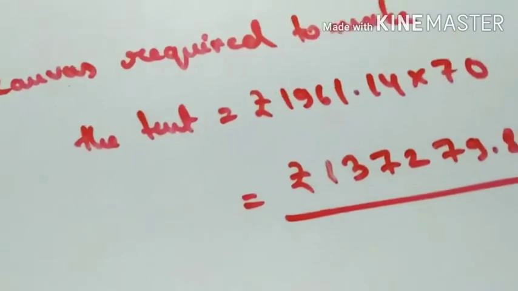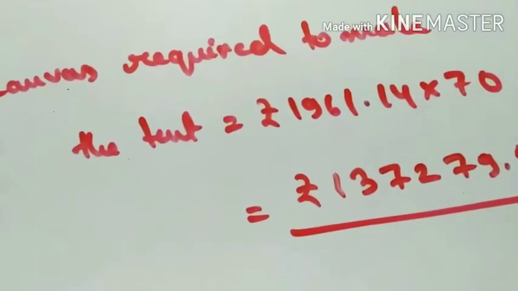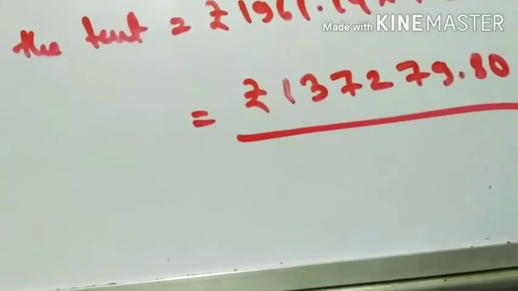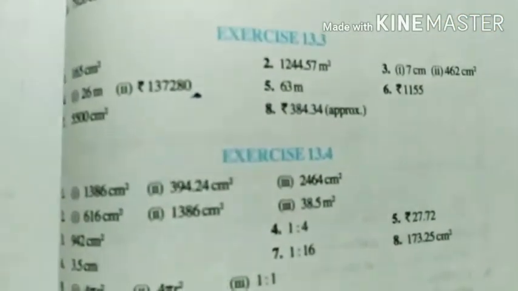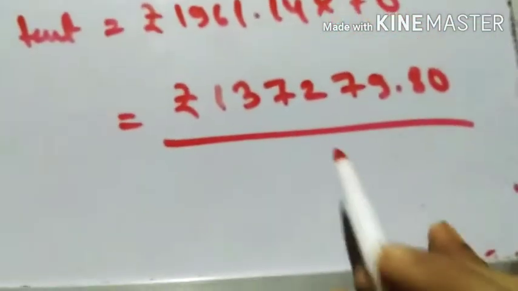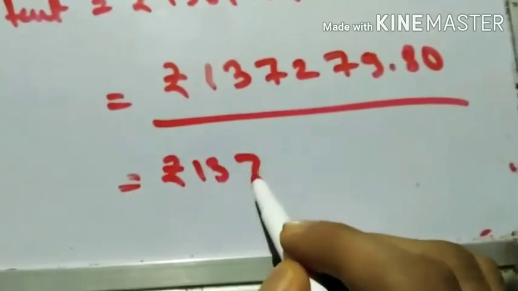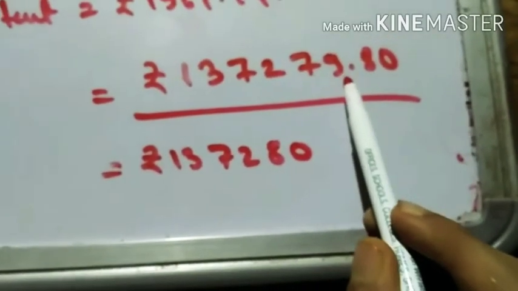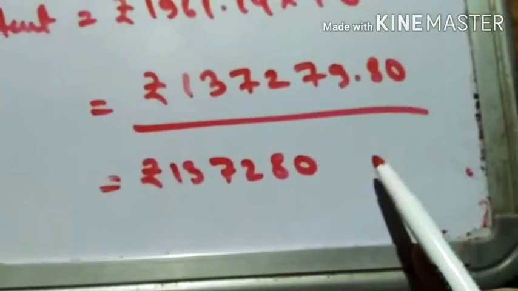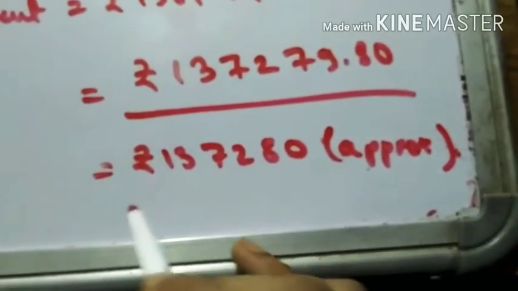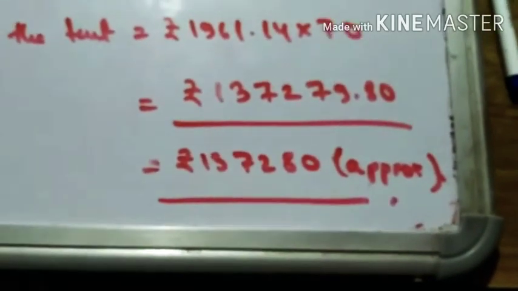Exercise 13.3. Okay, exercise 13.3, you see the answer is 137280. Okay, I have got this one. So if you want to round off in here, you can write rupees 137280. Okay, this one 79 there, you can make it 80. Okay, it will be your approximate cost.